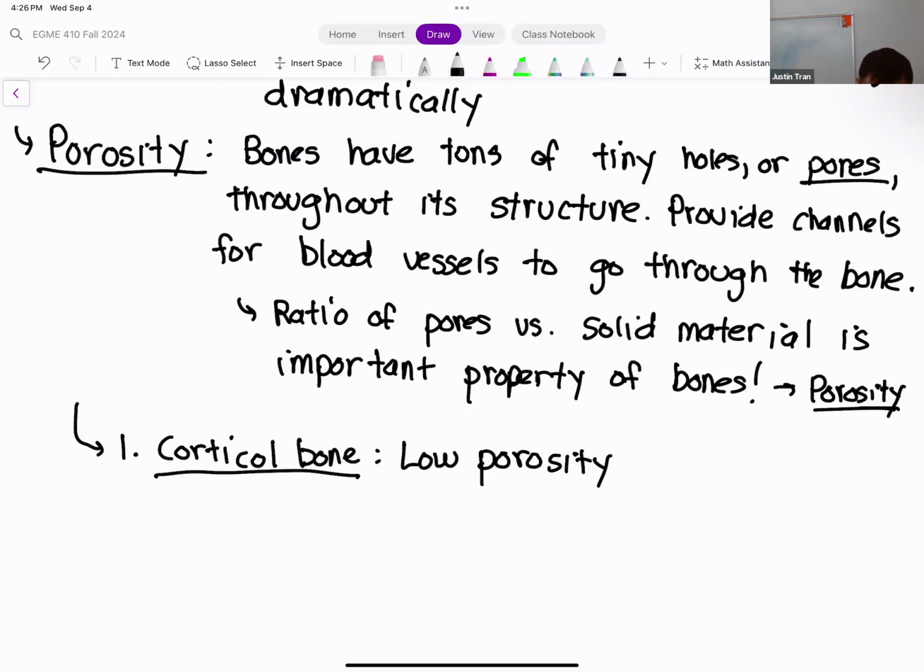Okay. So cortical bone is defined somewhere in the ballpark of 5 to 30% porosity. Okay. And because it has such low porosity, it has high mineral content instead, high amounts of calcium, collagen, that stuff. Right?